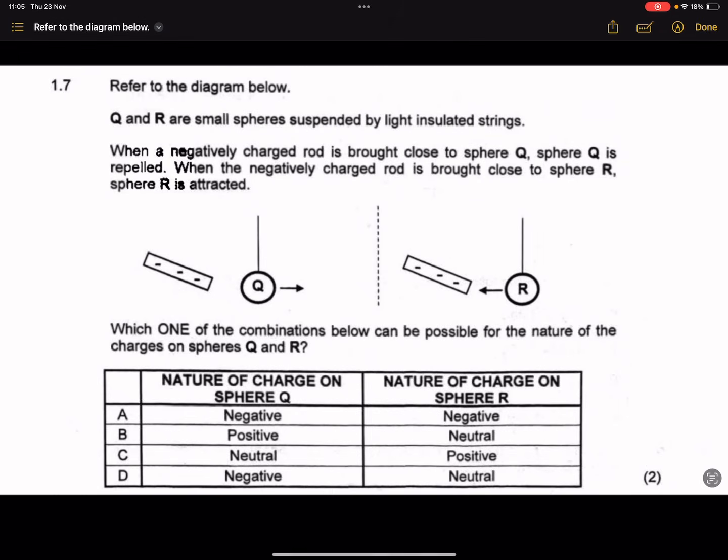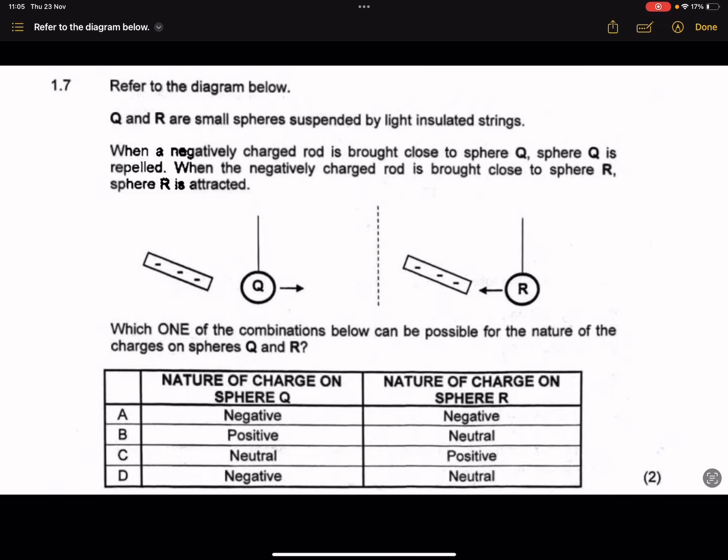Right, now they say to us, refer to the diagram that is below. Q and R are small spheres suspended by light insulated strings. They say when a negatively charged rod is brought close to Q, sphere Q is repelled, right? So what does that mean?